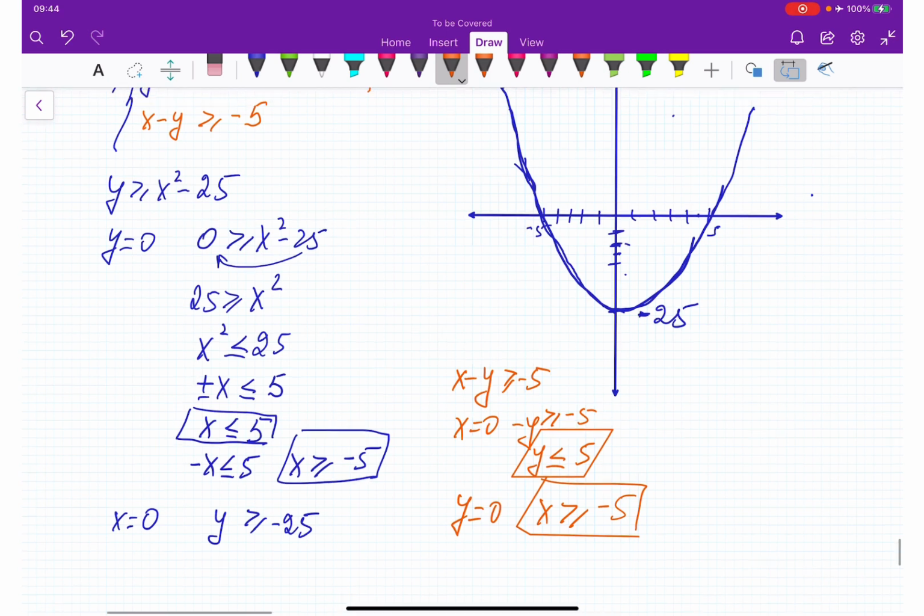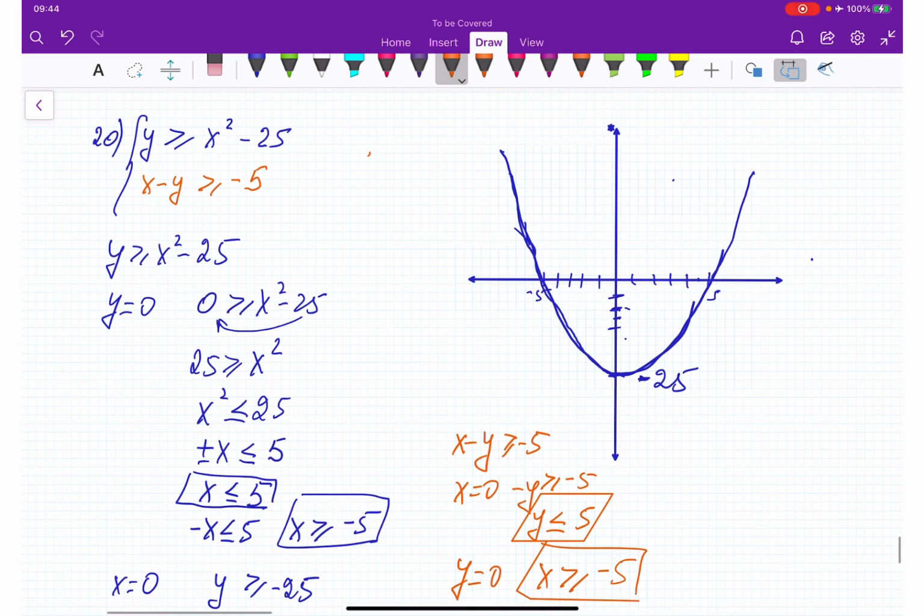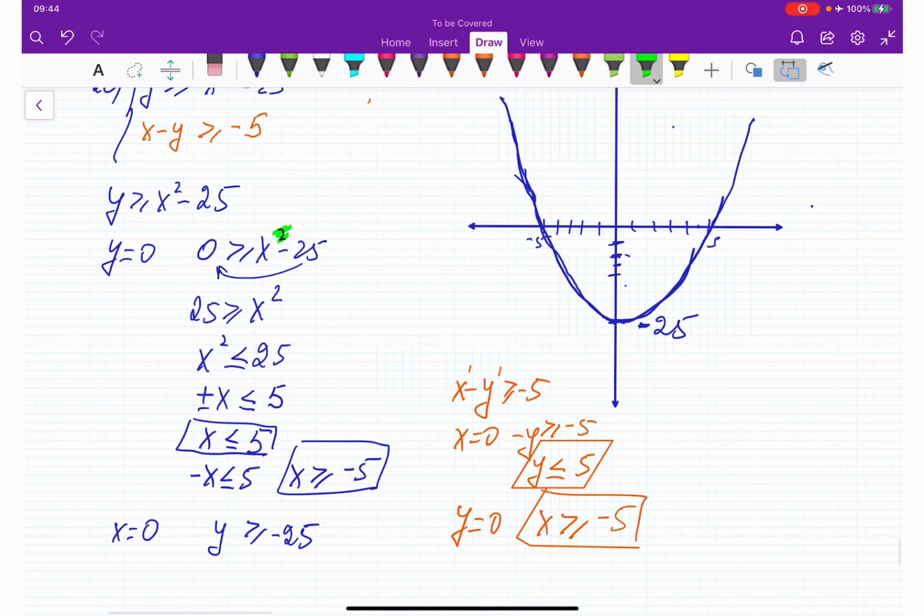So for this graph, x minus y greater or equal negative 5, that's a linear equation. How do we know linear from quadratic? Highest degree is 1. See? 1. Here we have 2. That's why it's quadratic. And quadratic equation has form of parabola, just like we have here. Okay, so first coordinate is going to be 0, 5.